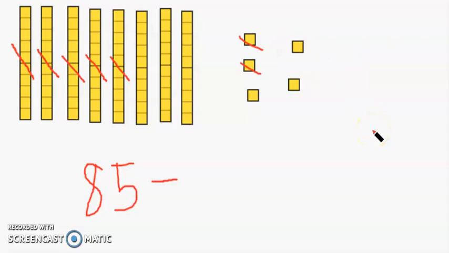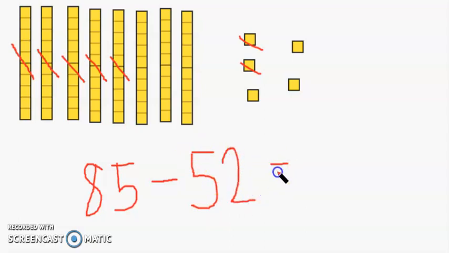All right, next up, we need to figure out how much we're taking away. We can see how much we're taking away by looking at what is crossed off. See if you can figure out how many 10s and 1s are crossed off in this picture. If you said 52, you are awesome.